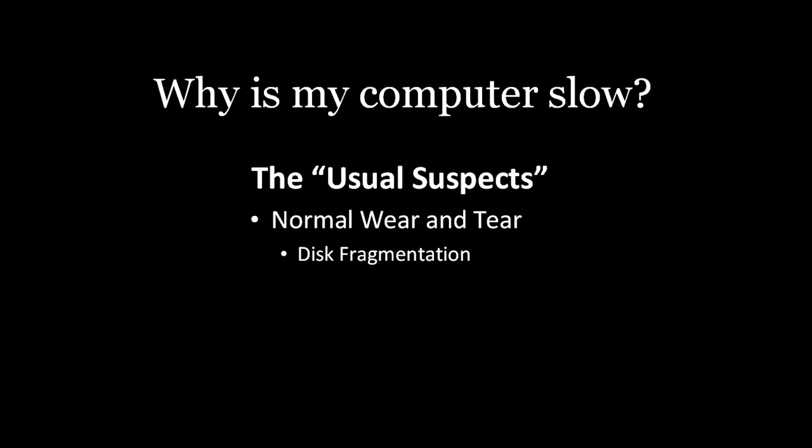Well, they get what's called disk fragmentation, and they get corrupted DLL files. And DLL files are little snippets of code that your applications use to run. And if these DLL files get any type of problem, then your computer is going to act really funky and really slow.